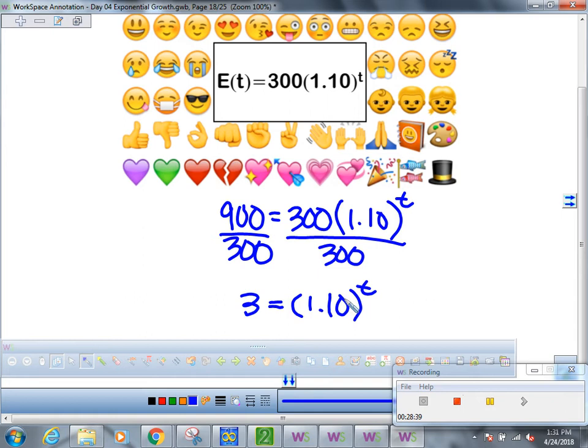What about 1.10 to the 3? Is that going to get me a 3? The answer is going to be no, no, no, right? It's going to be some decimal. Well, let's put it in a calculator and see how close you can get. 1.10 to what makes 3?